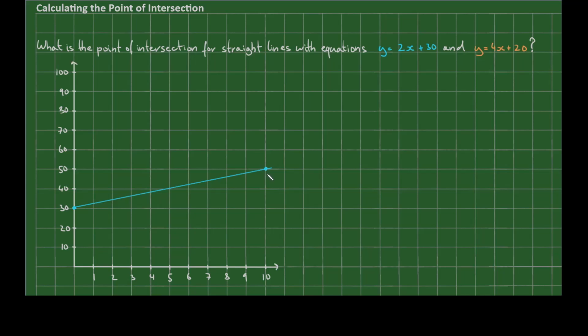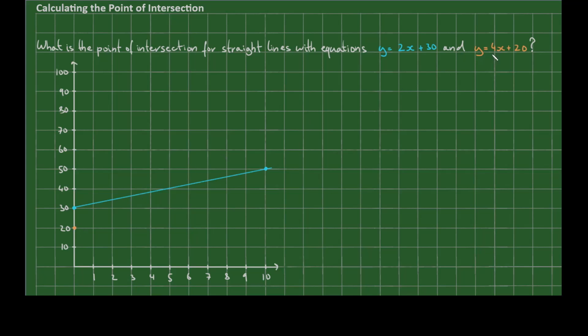Let's do the same thing for the orange equation. Once more, I need 2 points. The first point is the y-intercept. It is at 20. The second point I'm going to calculate the same way I've calculated the second point for the blue line. I'm going to say let x equal 10 and see what happens.